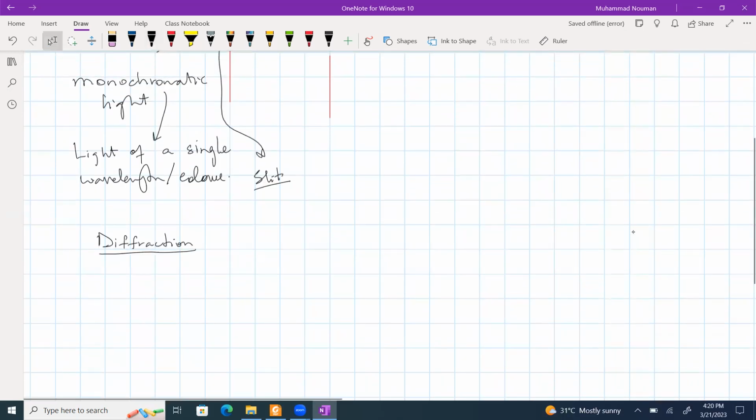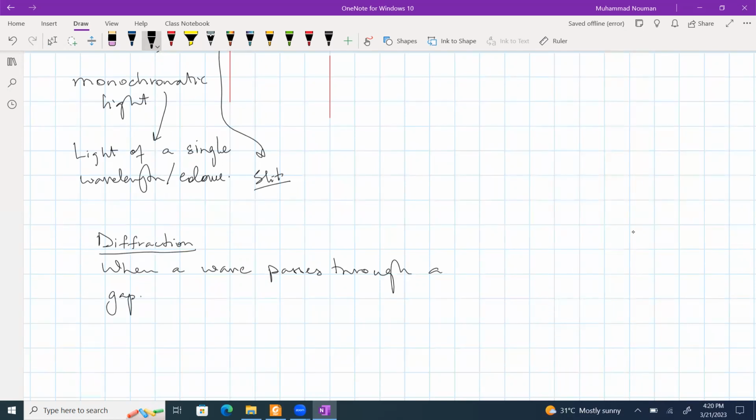Simply, it is defined as when a wave passes through a gap or slit or an edge, it spreads. Okay, this process is simply called as diffraction.